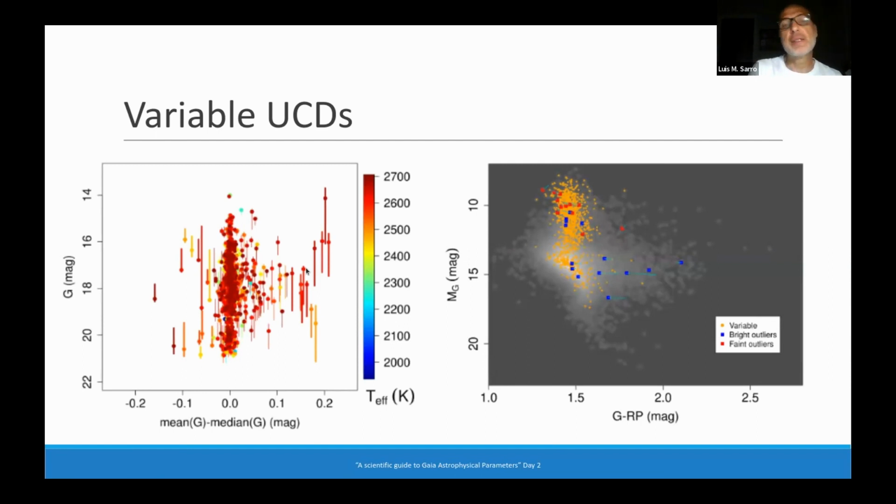On the right-hand side, you have the opposite behavior. You have outliers which are significantly fainter than the median, and this could be interpreted as circum-UCD material passing in front of us in the line of sight, or eclipses, but of course more work would be needed here.